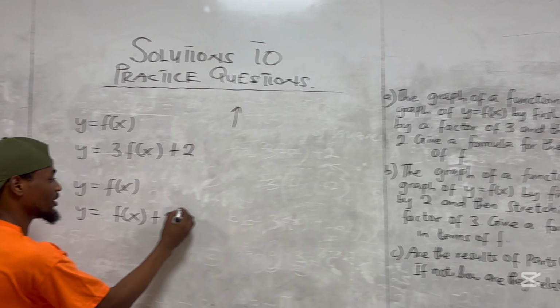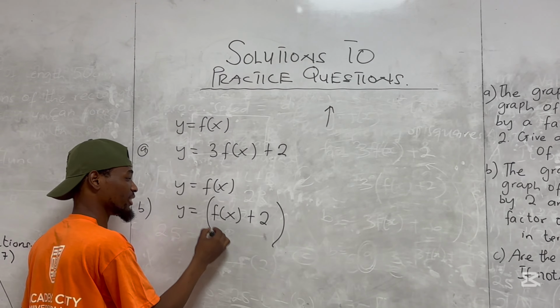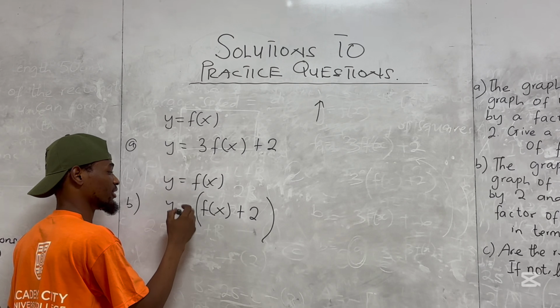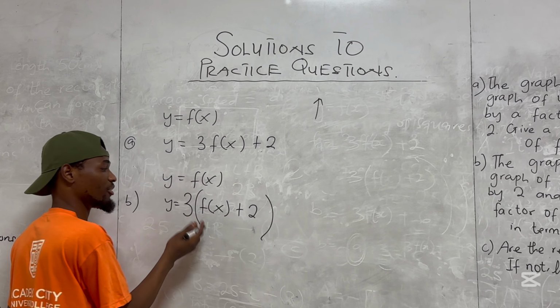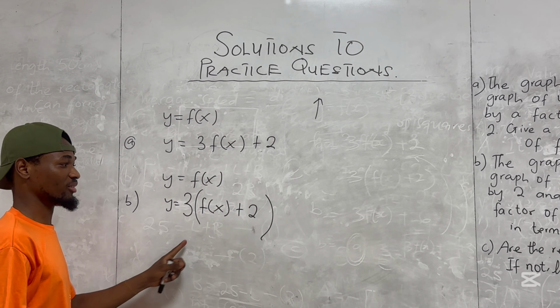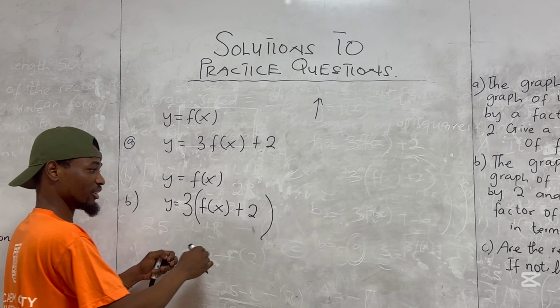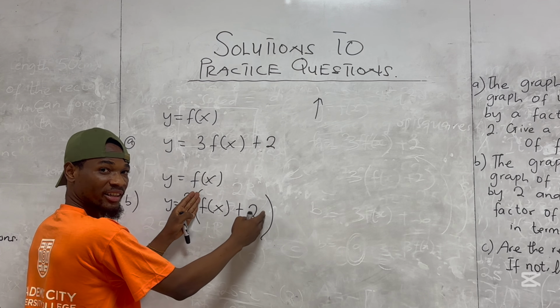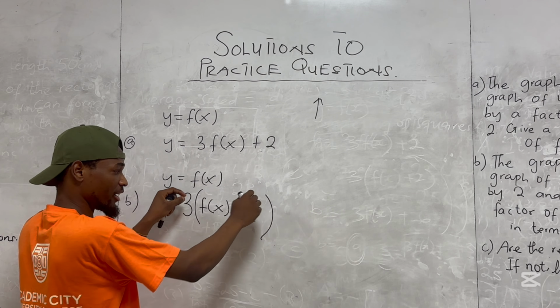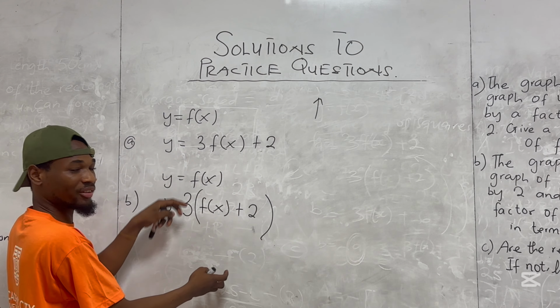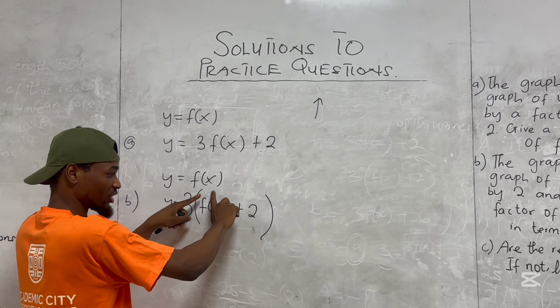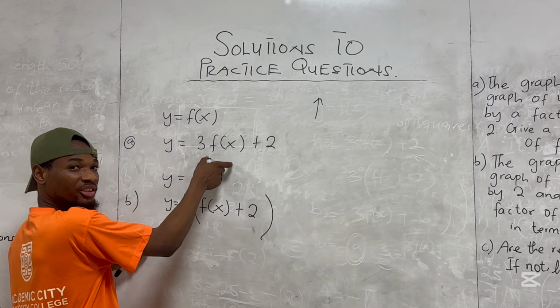So what I'll do is, I'll enclose this in parentheses, stretching by a factor of 3, this way. Please take note of this. We first focused on this and we stretched, like it was vertically stretched by a factor of 3. So 3 will affect whatever is here, which is different from this, all right?